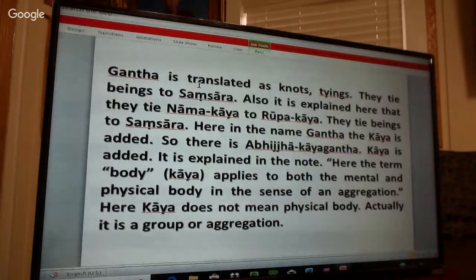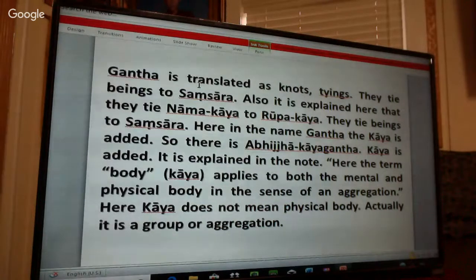Ganta is translated as knot or tying. So tying with a rope, that animal cannot run away. Like this, the four kinds of Ganta tie the living being, so that's why they cannot run away from the round of rebirth, samsara. It is also explained that they tie the Namakaya to the Rupakaya.